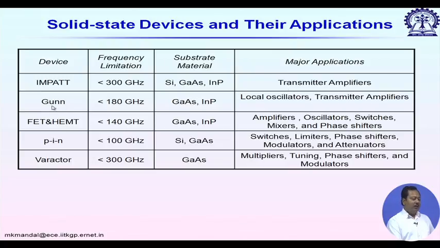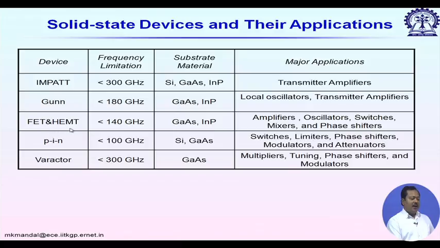We will see later. Next is the Gunn diode, typically used below 180 gigahertz. Substrates are gallium arsenide and indium phosphide. It is a very popular millimeter wave source which we use in laboratory experiments in universities. It is popular in local oscillators, and it can also be used in transmitter amplifiers.